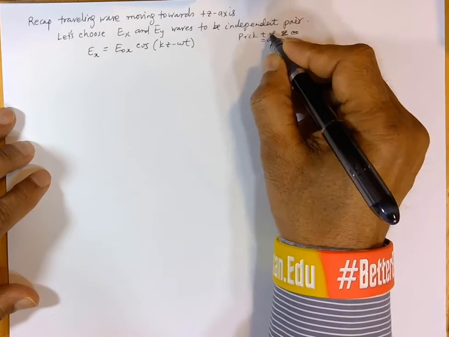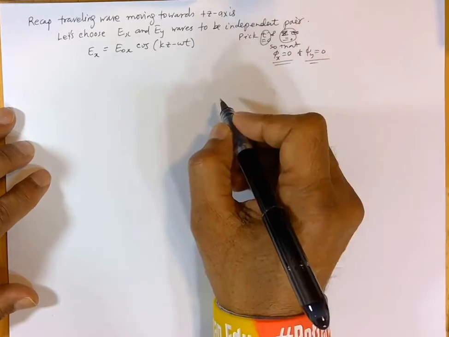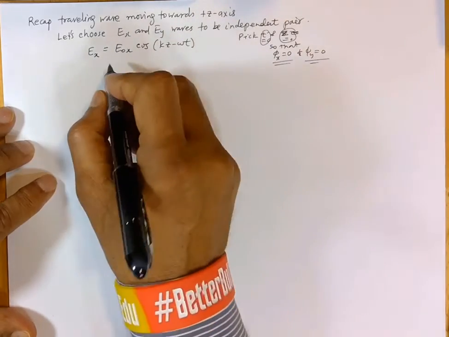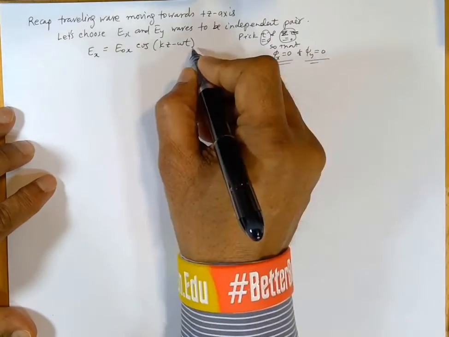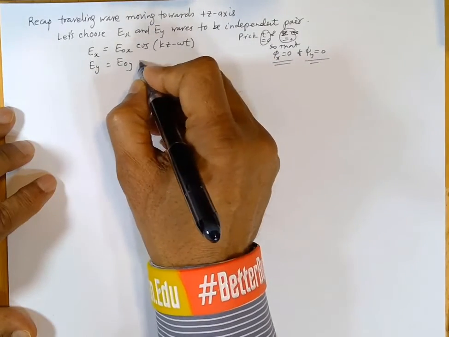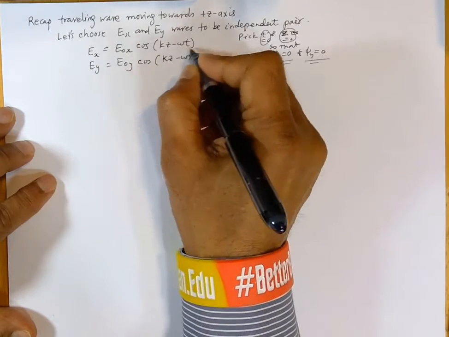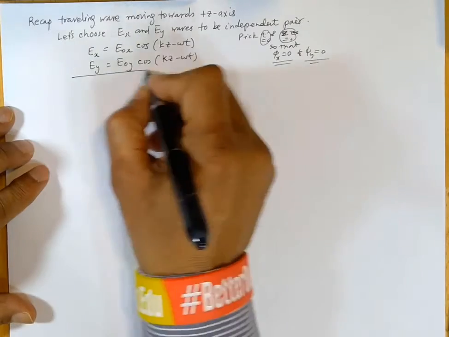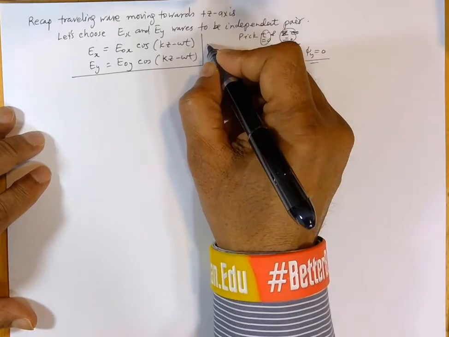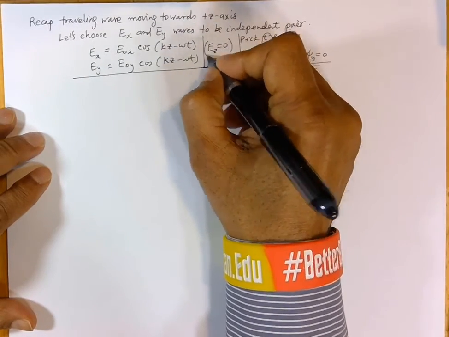So we can make these 2 choices to set 2 constants to 0. Of course, if we have more waves, I won't be able to set them, but at least I can set them to 0 here. Ey equals E0y cosine(kz minus omega t). So they're the same. So those are the solutions, and clearly Ez equal to 0 in this solution.